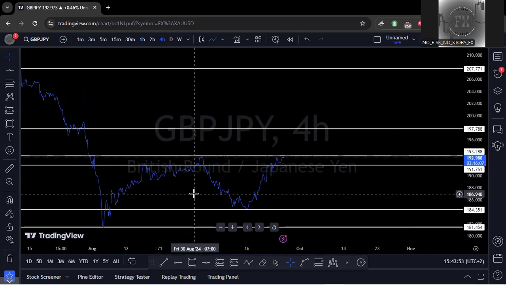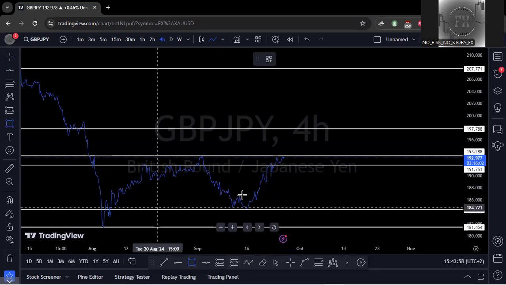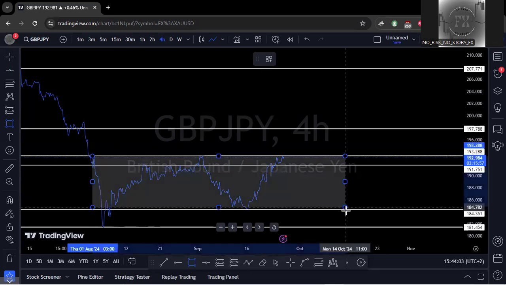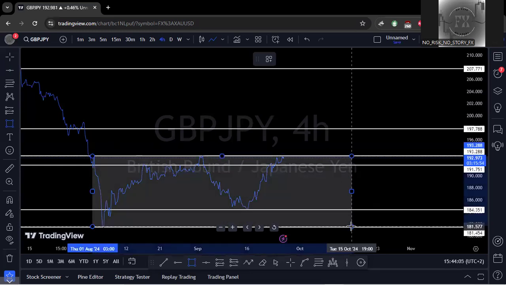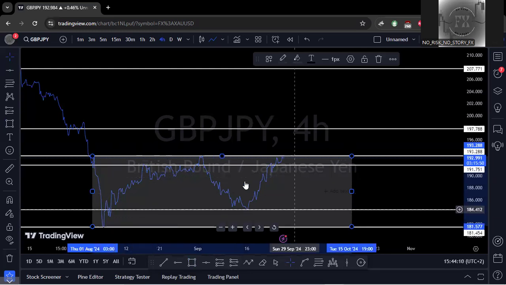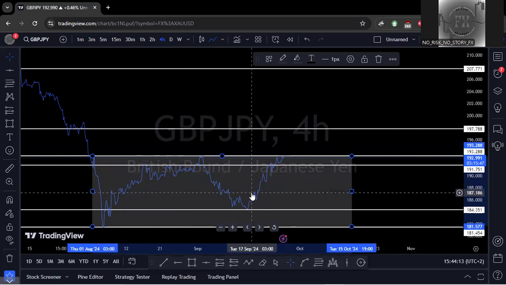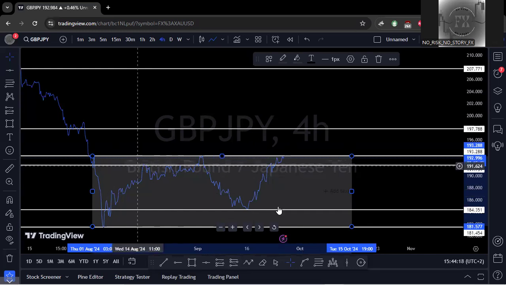Right. And here I can see that we are in a consolidation type of structure, because the market is just moving in this rectangle, in this box here. We're trapped in this box, right?